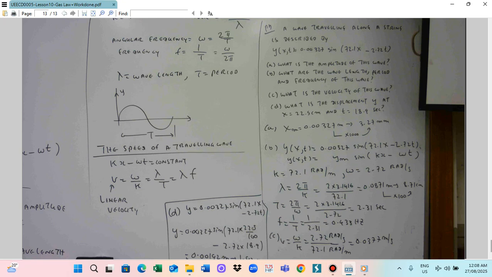Here, what are the wavelength, period, and frequency of the wave? So we have to calculate the wavelength, period, and the frequency.